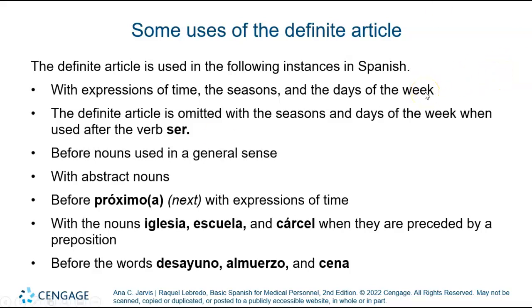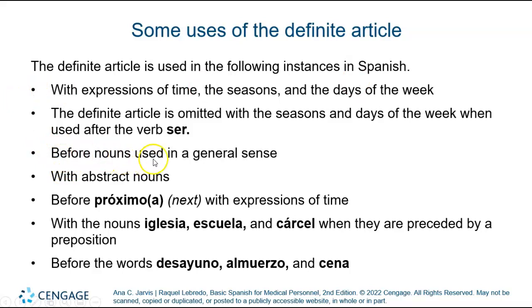If I say es invierno, it's winter. So after ser, just like that, es invierno, es verano, es primavera, don't use it. Days of the week, don't use the article after ser. Tomorrow is Tuesday. Mañana es martes. Again, not using the article.